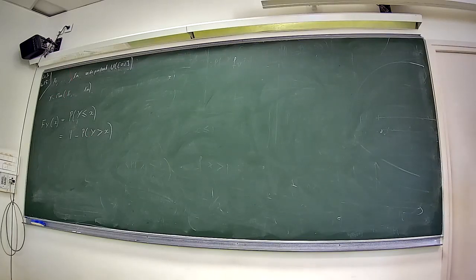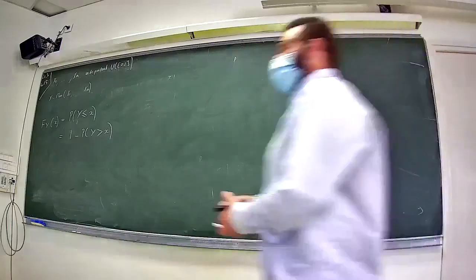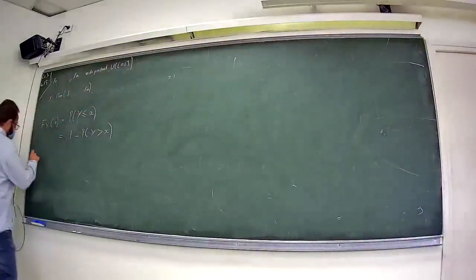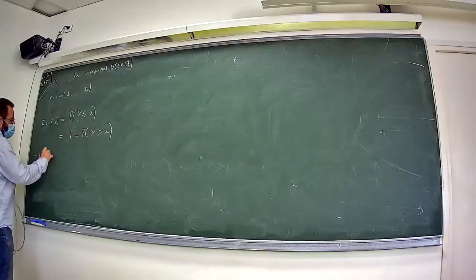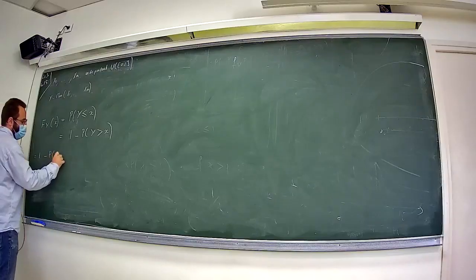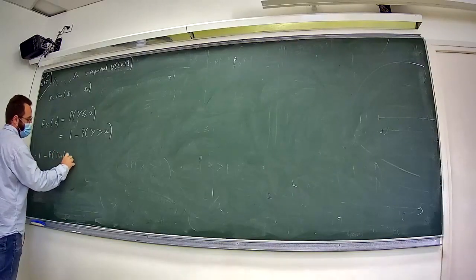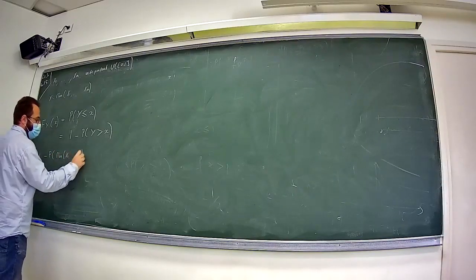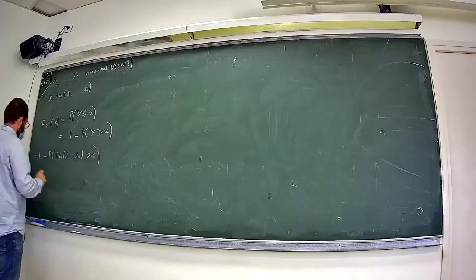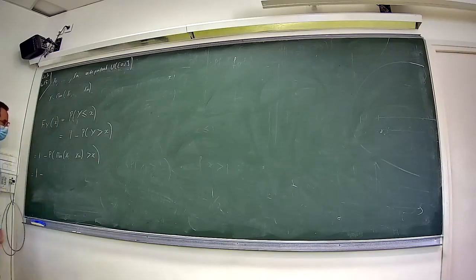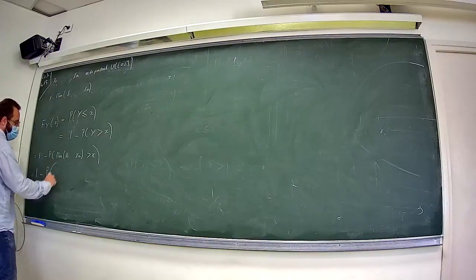So it is 1 minus the probability that the minimum is strictly greater. I repeat that to say that the minimum is strictly greater means that they are all. So I have the probability of an intersection.